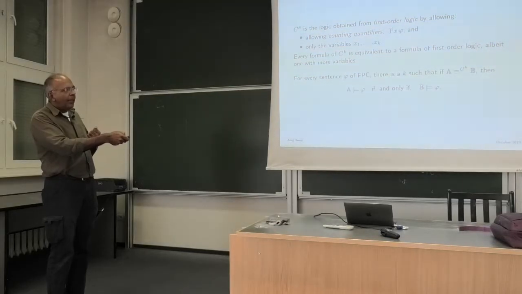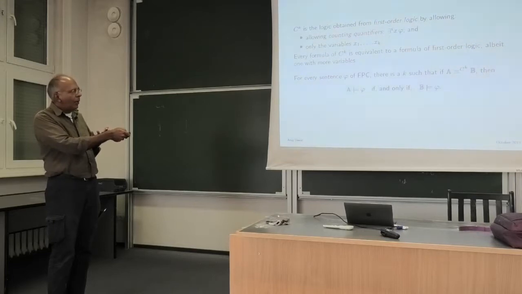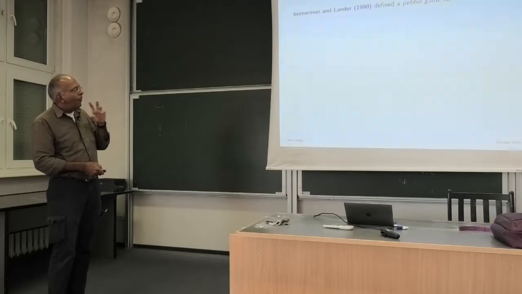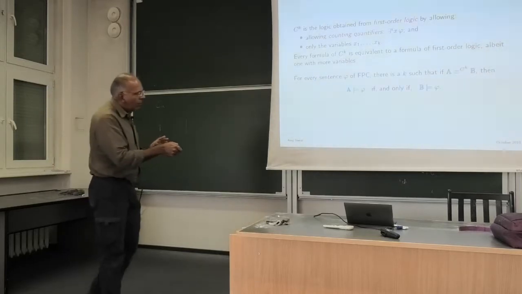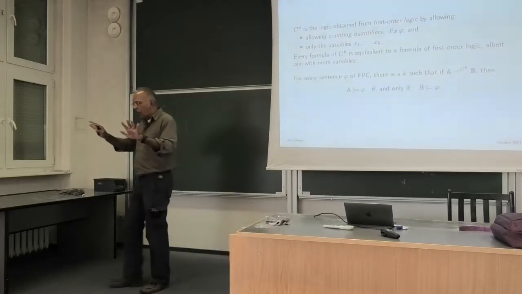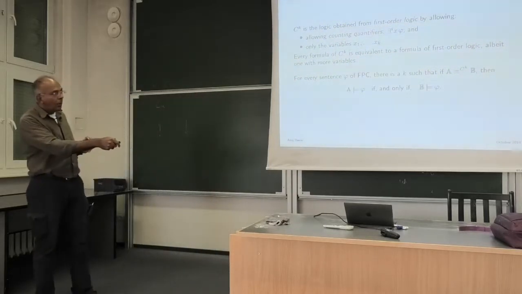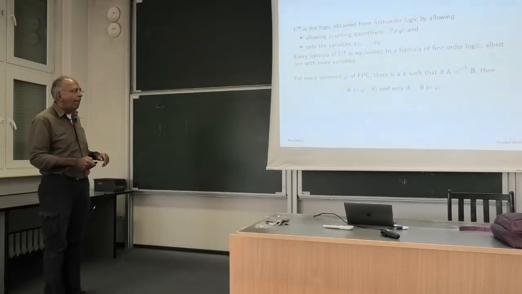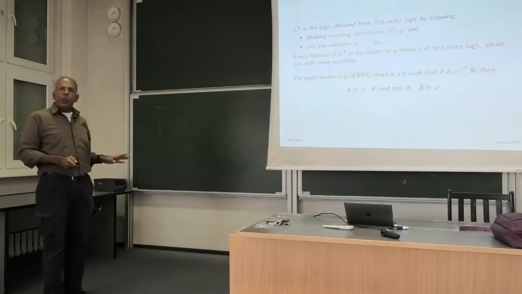If two things cannot be distinguished by any formula of CK, they cannot be distinguished by phi. That's what we want to do, and now we're going to go to constructing pairs of structures which are CK equivalent for arbitrary K. But how do we show CK equivalence?